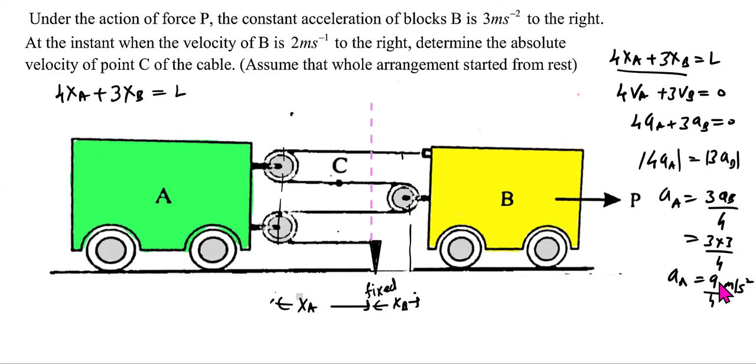Now, next, determine the absolute velocity of point C. When the velocity of B is 2 meters per second, it's asking for the velocity of point C. We need the velocity of block A, and then we have to calculate the velocity of point C. For that, we take help of this equation. 4VA is equal to 3VB.